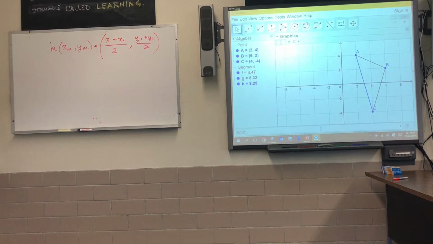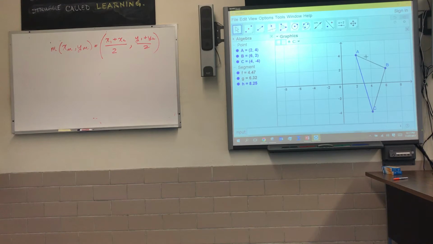So I want to find the midpoint between A and B. I'm going to add these x values together, 6 and 2. Gives you 8. Divide by 2 and you get 4, correct? I'm going to take my y values, add those together, get 6. Divide by 2, I get 3. So I want you to then plot 4, 3.